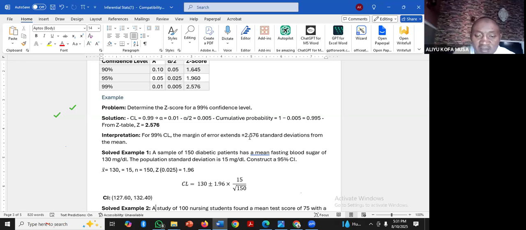You subtract 0.99 from 1. So when you subtract 0.99 from 1, you get 0.01.